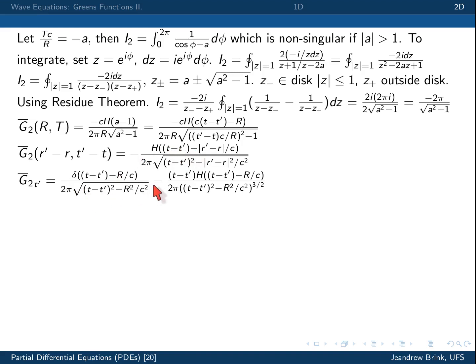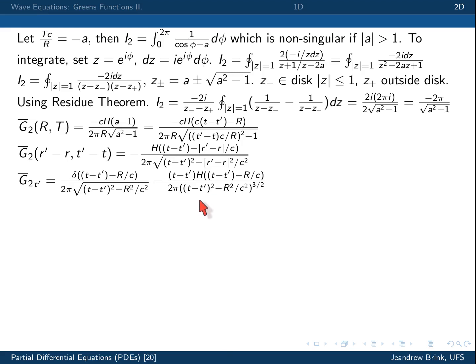And then you have to take the derivative with respect to t prime of this square root, which gives minus a half times the square root to the 3 over 2 multiplied by 2 times t minus t prime times minus. Okay, so that's just this expression.